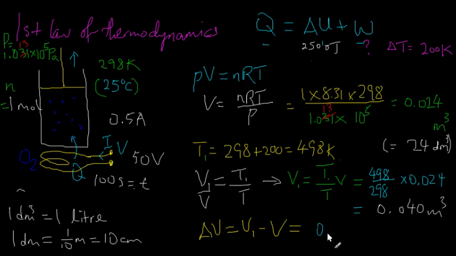So 0.040 minus 0.024, and the answer is 0.016 meter cubed.